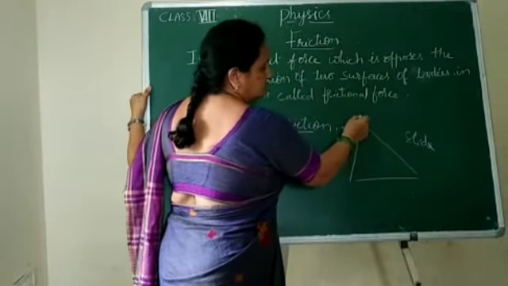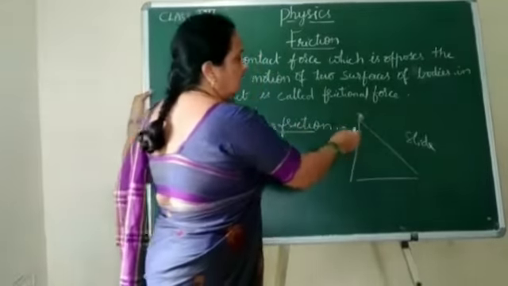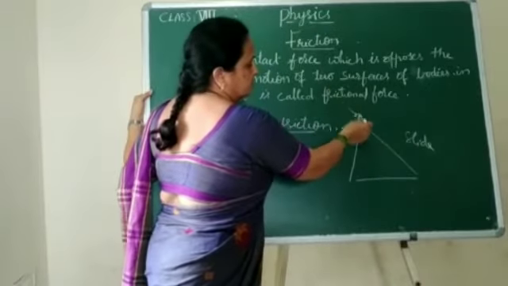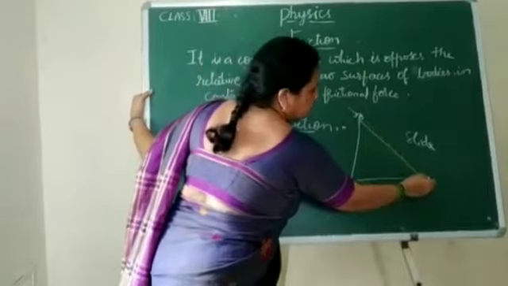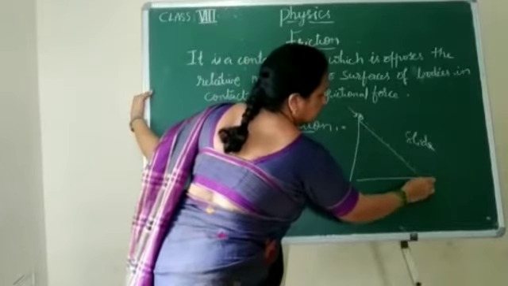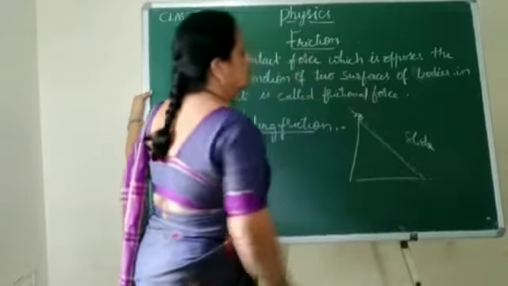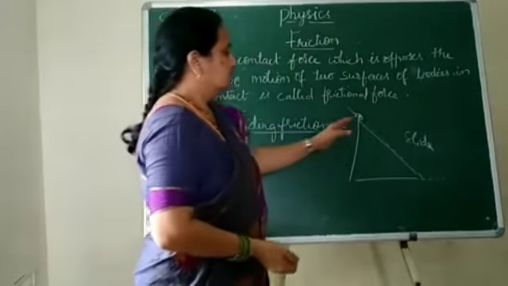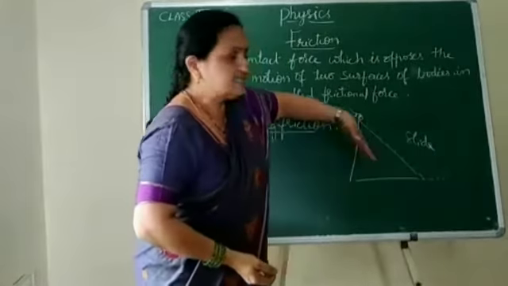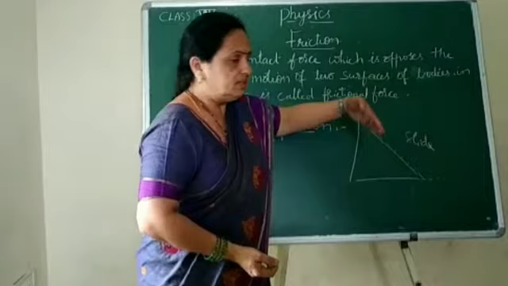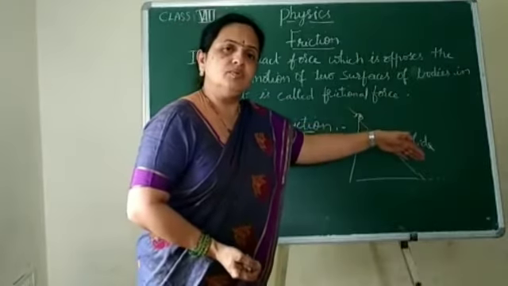Suppose I kept one ball and just pushed it. Then it easily reaches the ground. That means, sliding means if the surface is slanting, then the object can easily move.